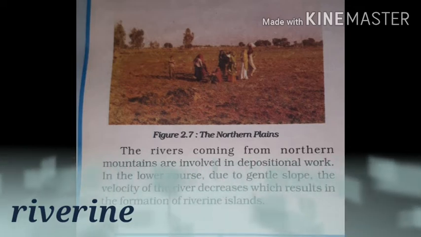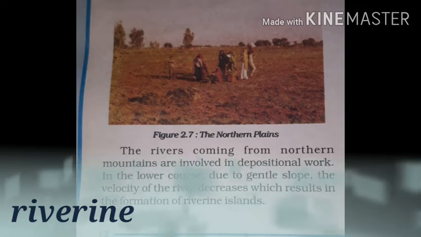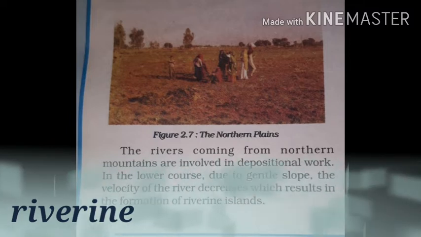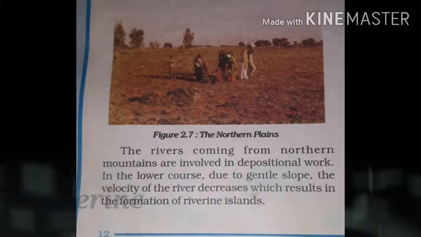Because of that the river breaks into tributaries and then distributaries, and because of these, the land, also known as riverine land, is fertile for agriculture. It develops in this plain land.